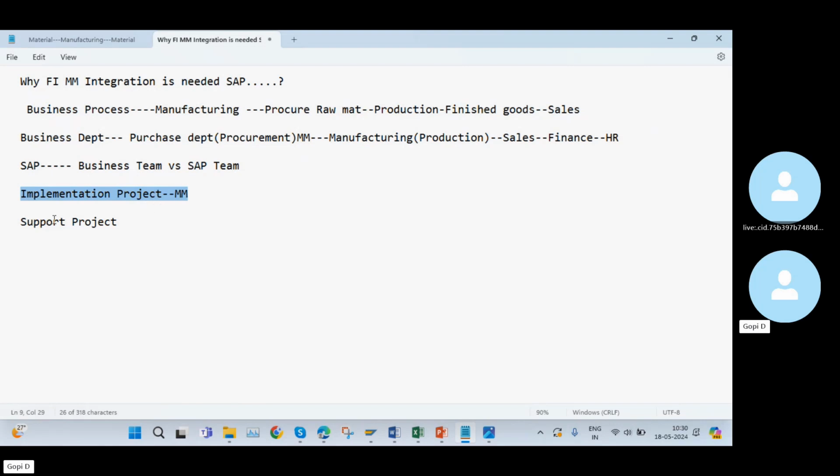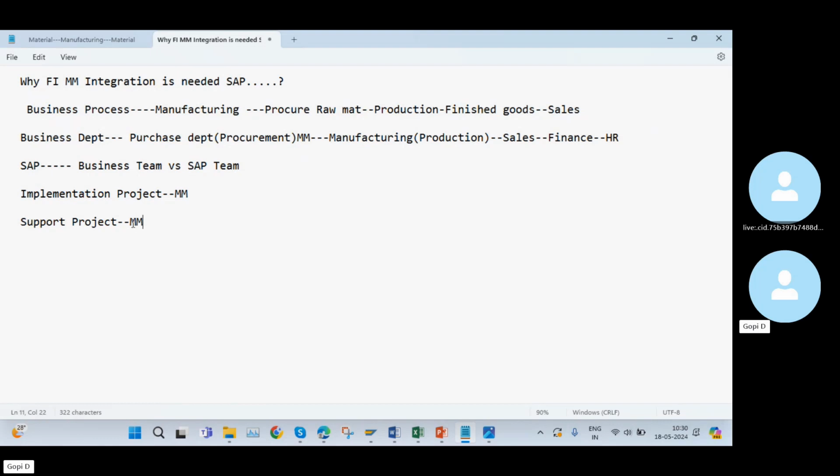While they are using it, if they get any issues, especially in the procurement area or the materials management area, any incidents or tickets, again the responsible team will be the material management team.